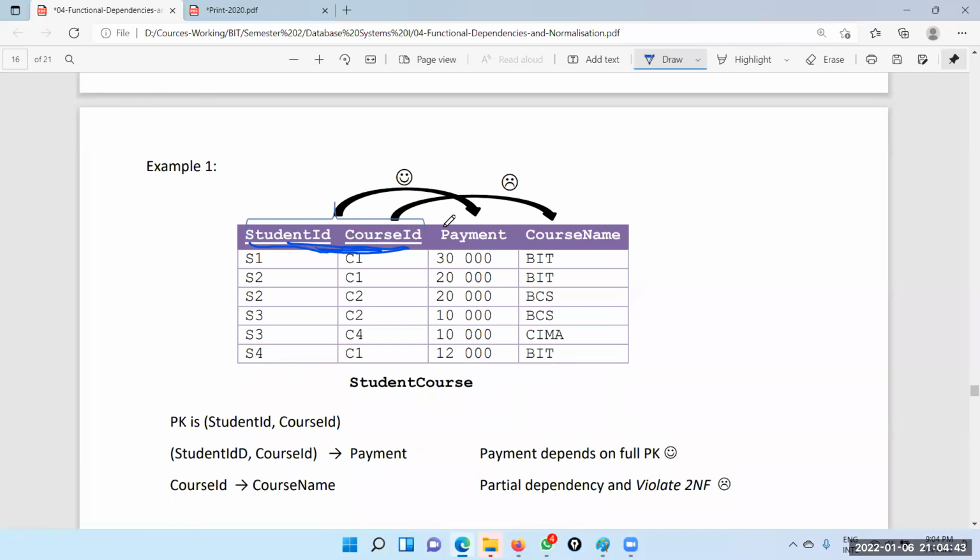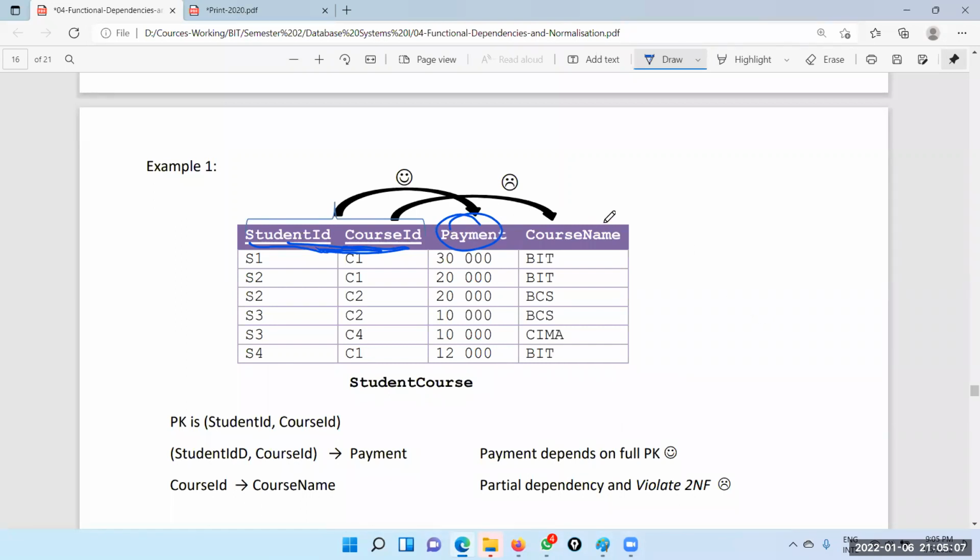Now, if you look at the payment, it depends on both, or the totality, of the composite primary key. Because this payment is from this student for this course. So therefore, this is fine. So the payment field has not violated your second normal form.